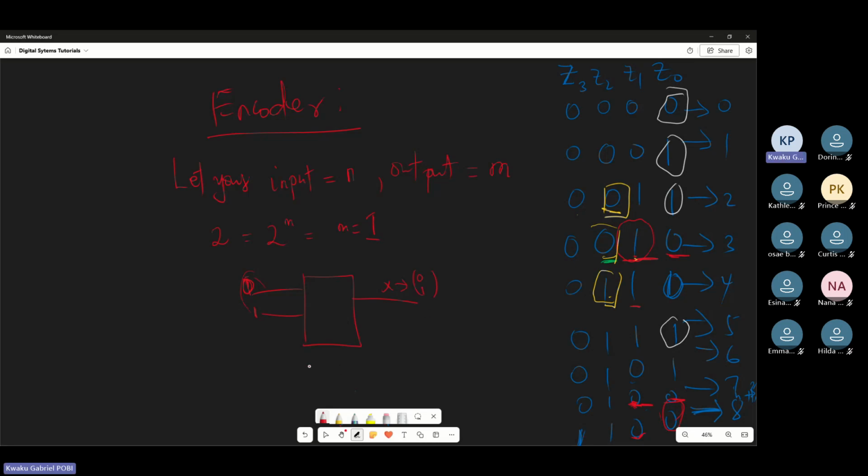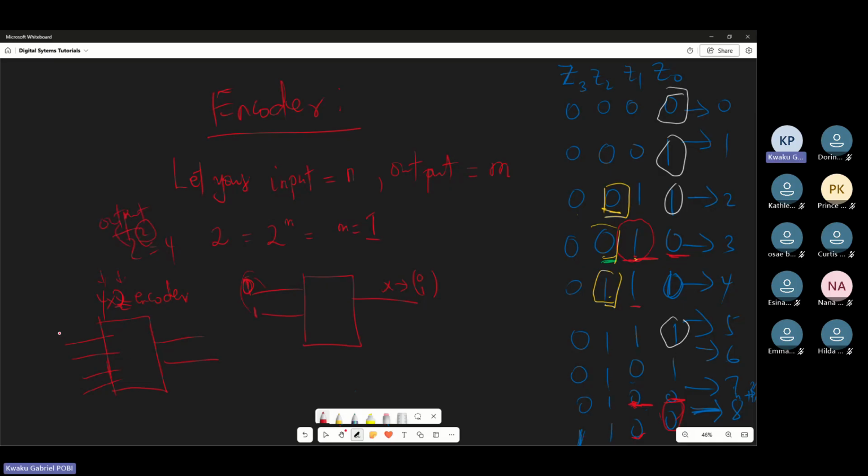If I have another case where I have 4:2, so this is a 4:2 encoder, because 4 inputs, 2 outputs. So 2 to the power 2 gives us 4. So we are using this as the outputs.